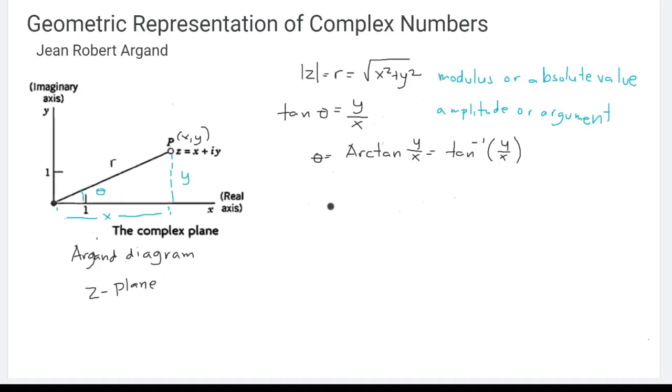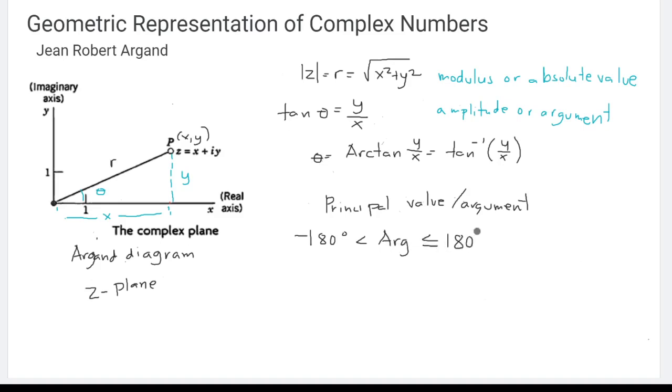And the principal value for the amplitude or argument, the principal argument, is negative 180 degrees less than Arg, less than or equal to 180 degrees. As we observe, Arg is written with a capital A para masabi natin to show that that is a principal value or argument.